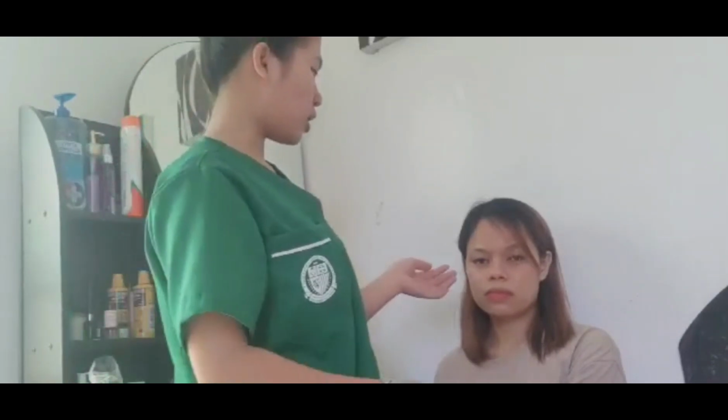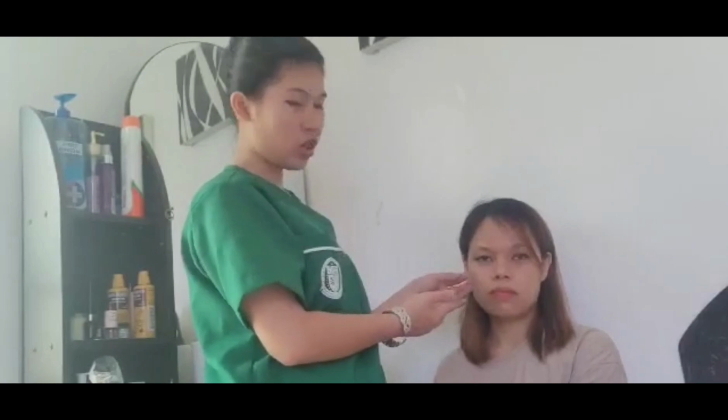Next, we also need to inspect the internal structures of the ears of our patient by using the otoscope. But since we don't have that, I'll just explain how you would do it and what you're going to observe in examining the interior structures of the ear. You inspect the external auditory canal.